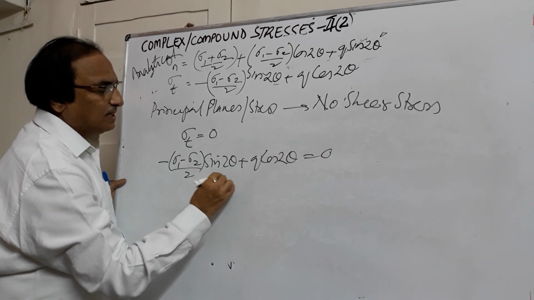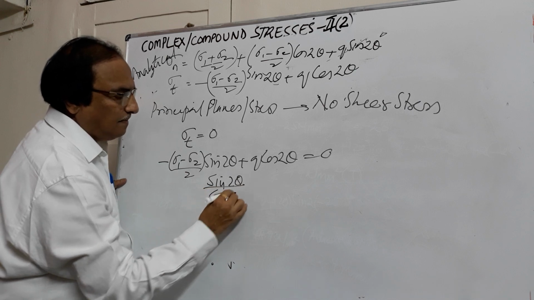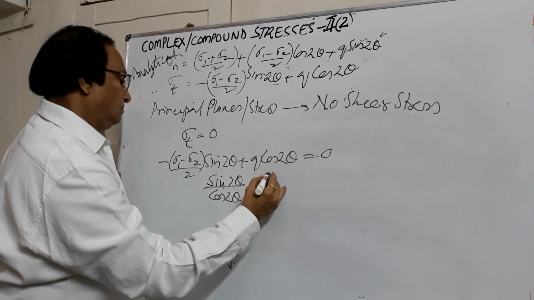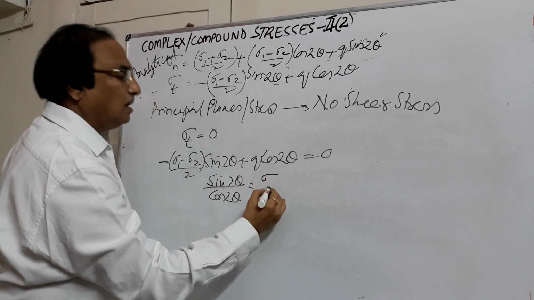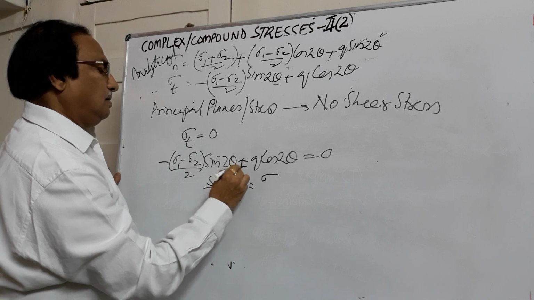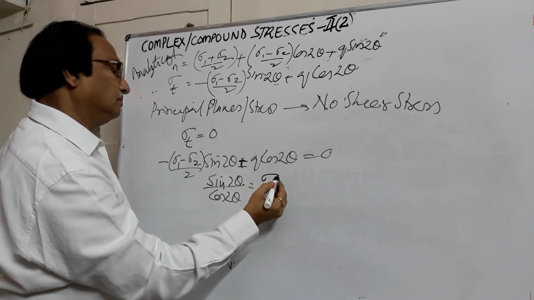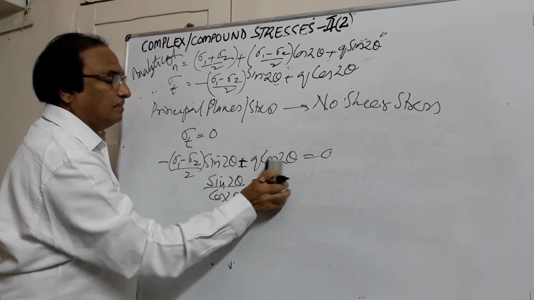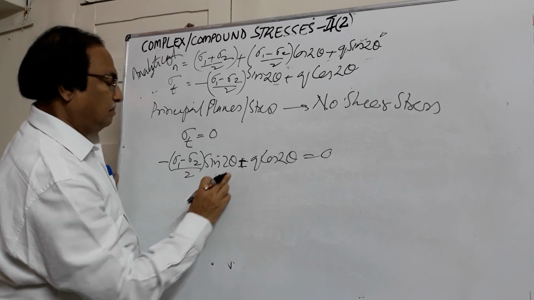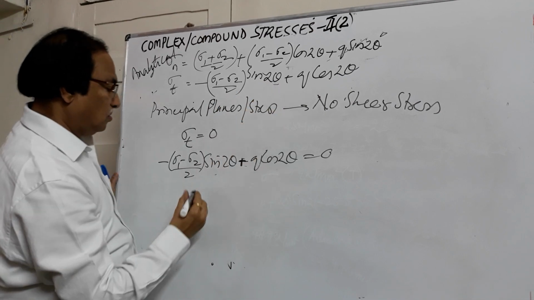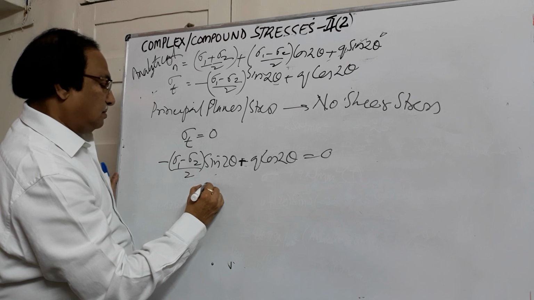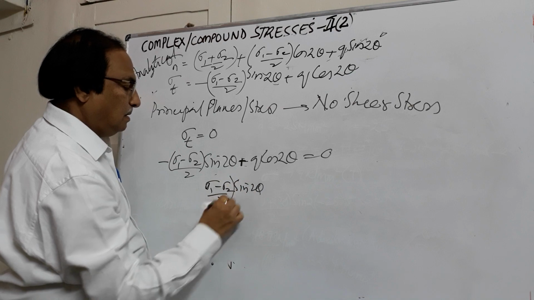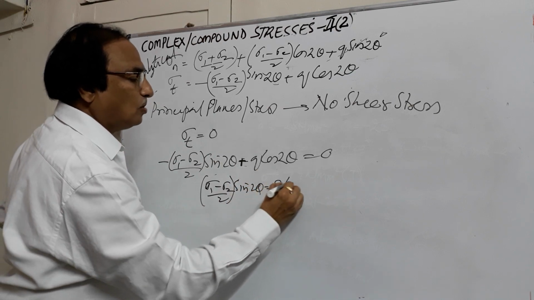If I simplify by sine 2 theta by cos 2 theta, then this will be sigma 1 minus sigma 2 by 2 sine 2 theta, this will be equal to q cos 2 theta.